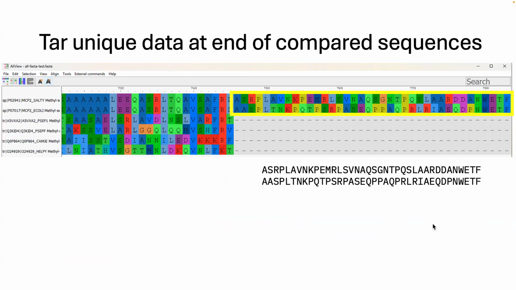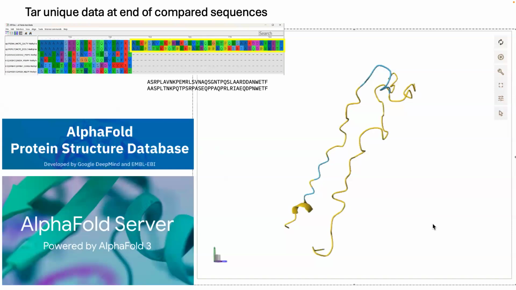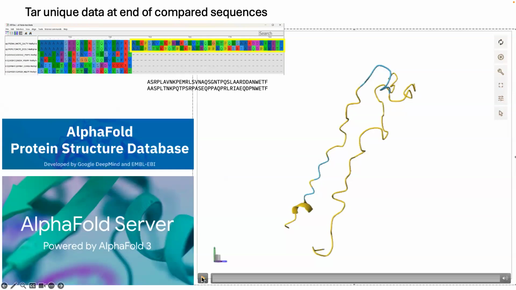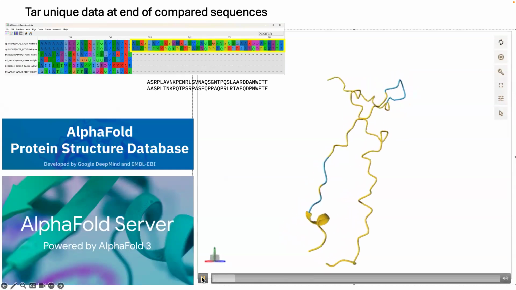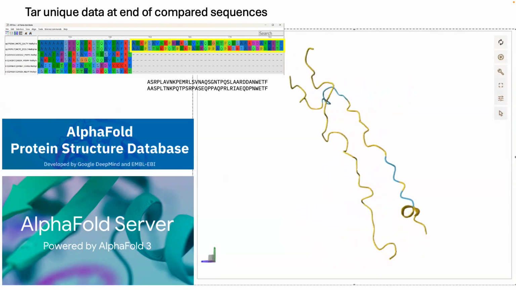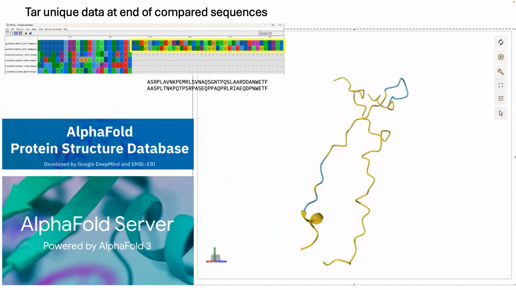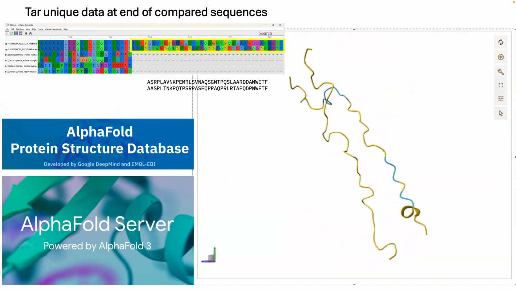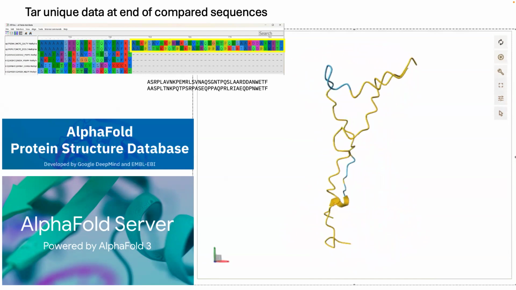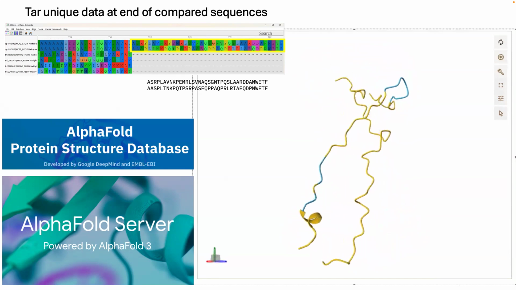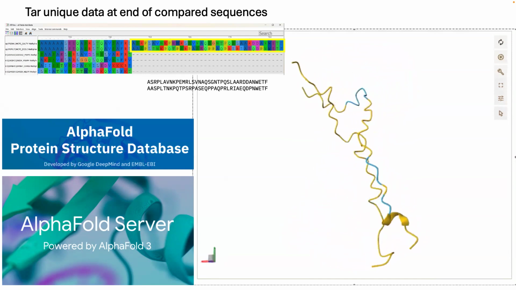So I'm just going to leave that and now focus on this other thing, the AlphaFold server, to get a chance to look at the structure. Here's the first 2. If I rotate this and look at how their structure is, there actually is some fair amount of similarity between these 2. These are the TAR.